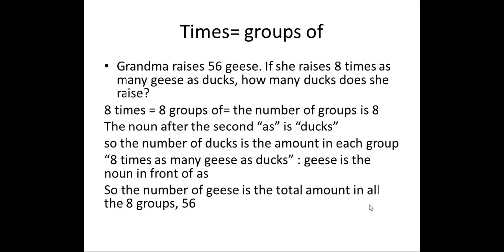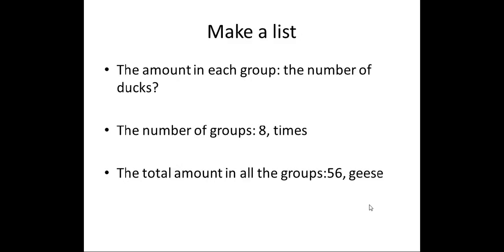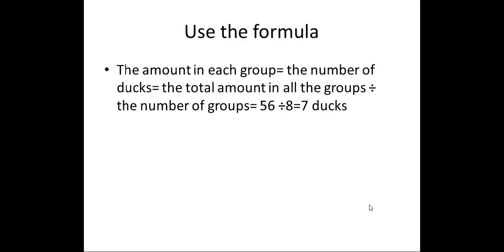Then how do we find the amount in each group? The amount in each group is the number of ducks in this specific problem. It is found by dividing the number of groups into the total amount in all the groups.